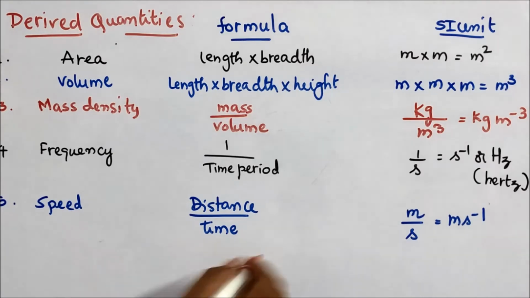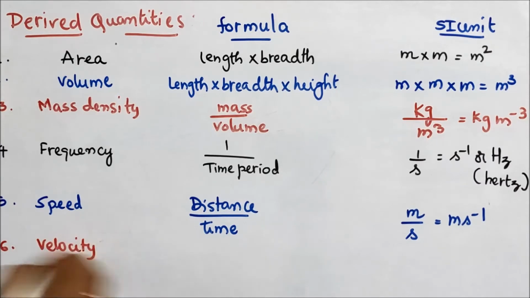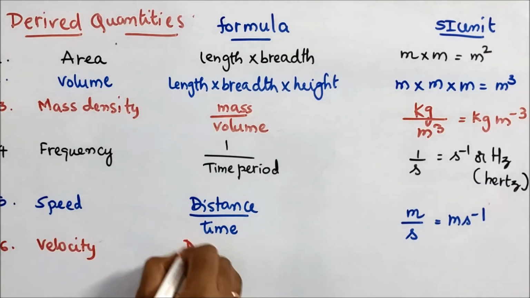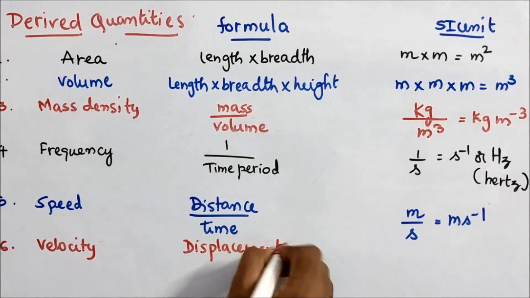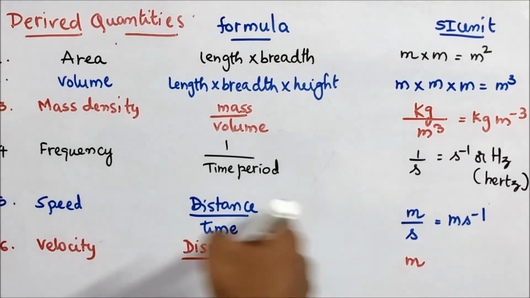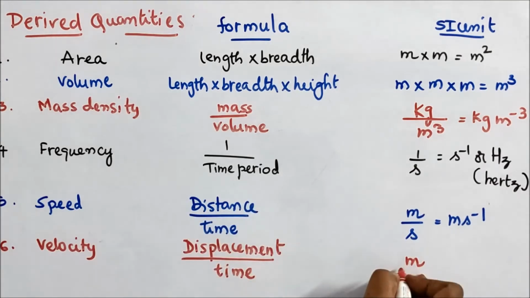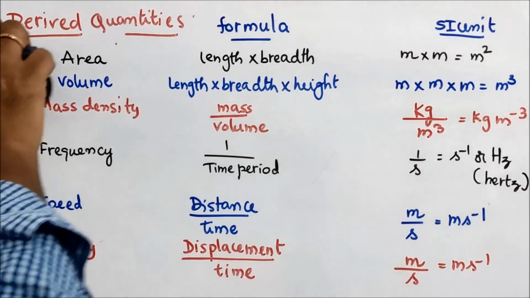Next one, sixth, velocity. Velocity is defined as displacement per time taken. What is the unit for displacement? Meter, same as that of distance, and the unit for time is second. So the unit is meter per second. So velocity is also a derived quantity. Let's take a few more.